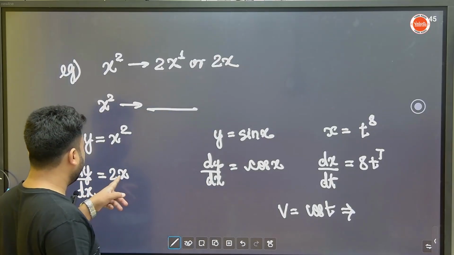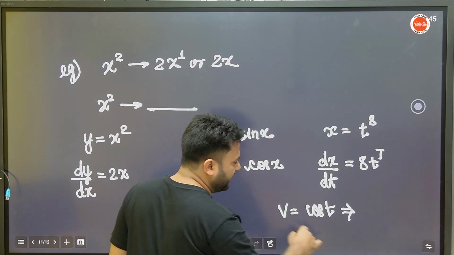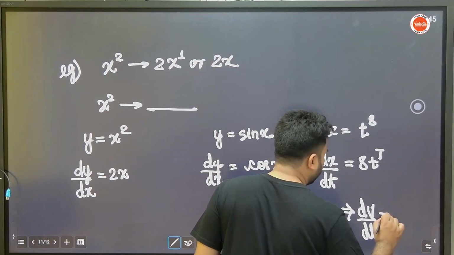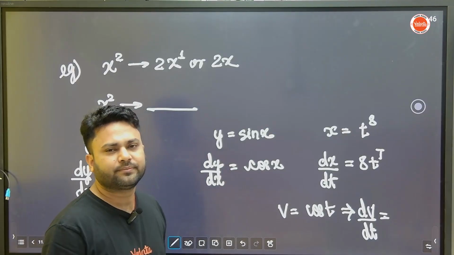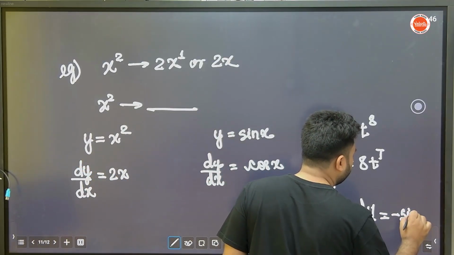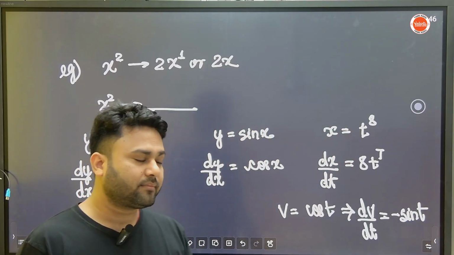Here we had y, here we had x, what we write? dy by dx. Here we have v, here we have t. What will we write? dv by dt. Now what is the differentiation of cos? Cos is minus sine. So minus sine t. This will be the answer. Okay.